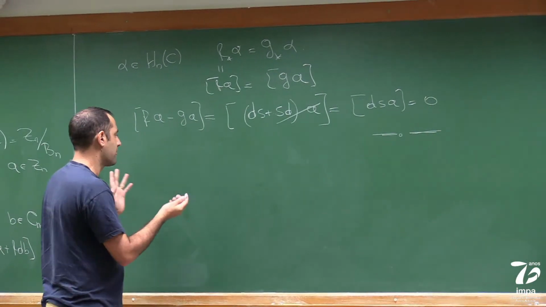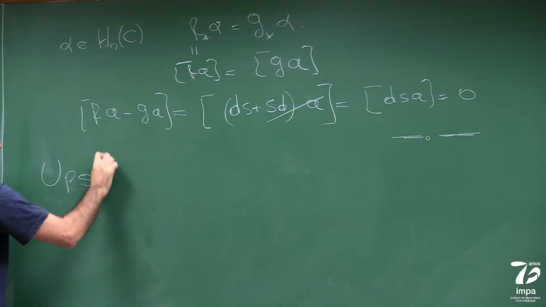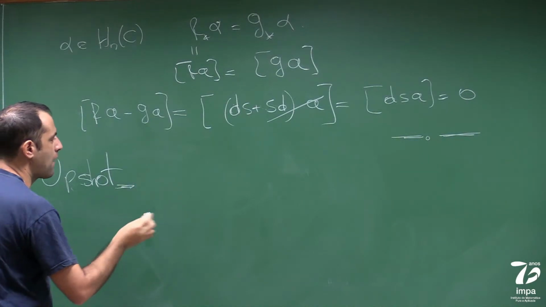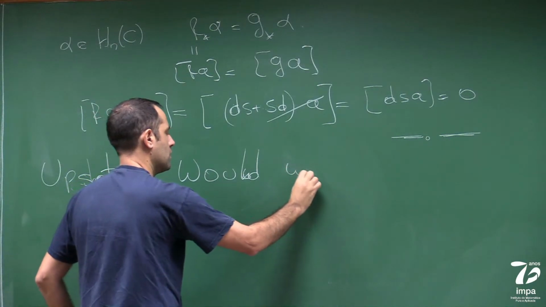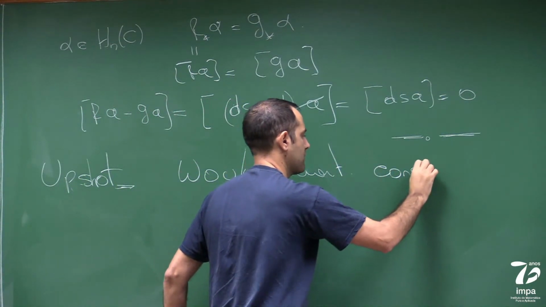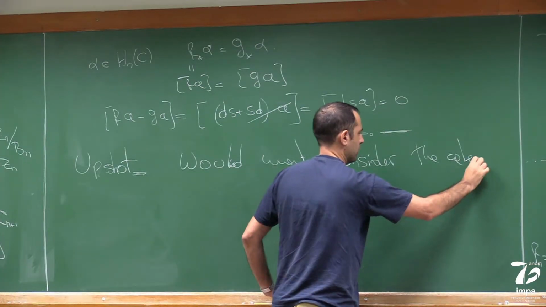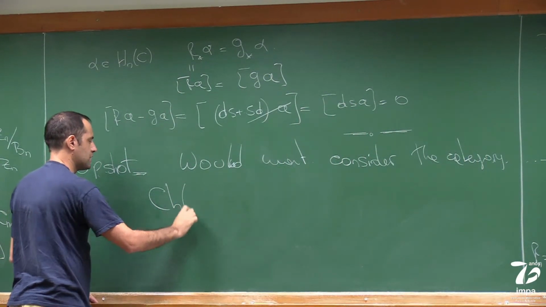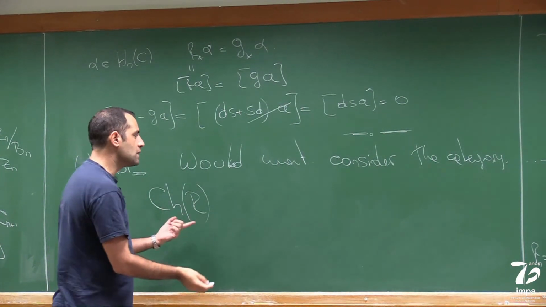So I guess the upshot, which we're not going to do now, but for people that do geometry, is that I would want to consider a category of chain complexes, chain of R or whatever. But I want to do the following.